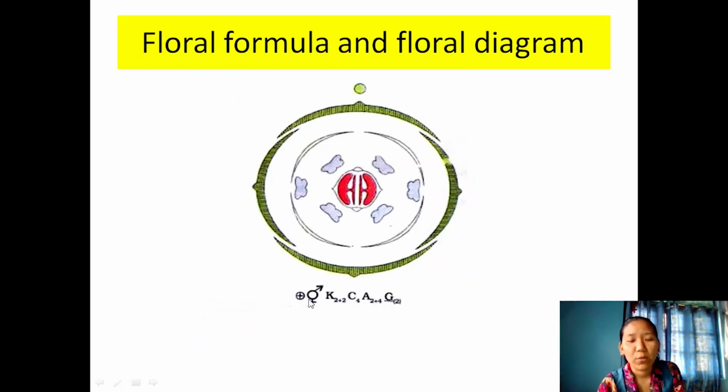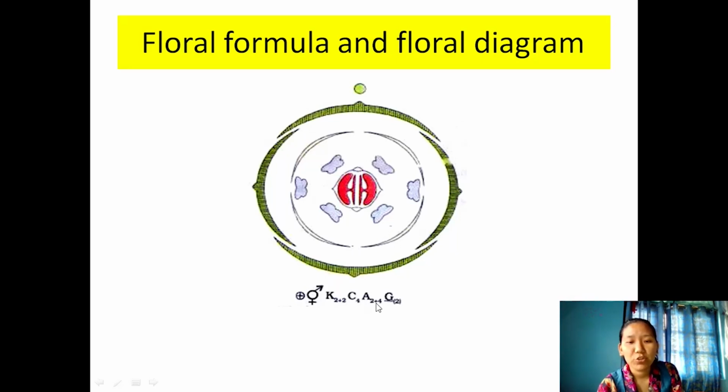This is the floral formula. If you just look at the floral formula, you can easily say it is actinomorphic, bisexual, having calyx that is 2 plus 2, 2 outer, 2 inner. And corolla 4, there are 4 petals, 1, 2, 3, 4. It is shown as 4 since they are all free, so you don't show any bracket.